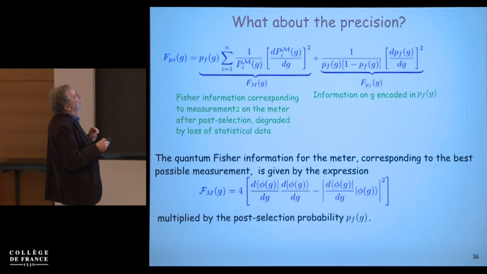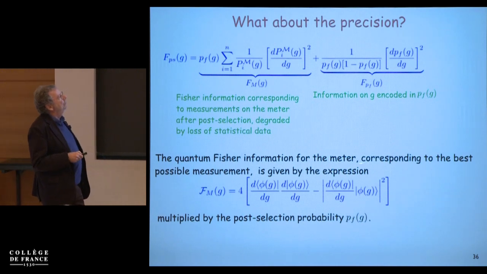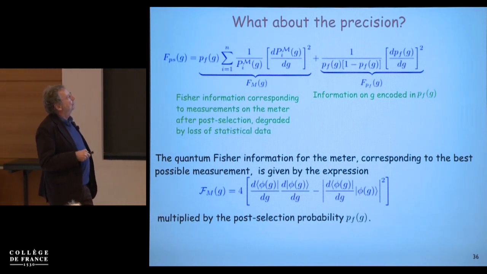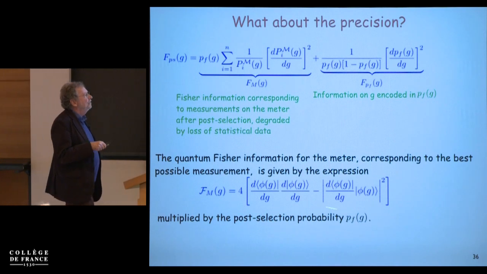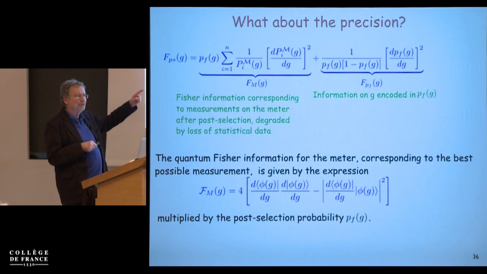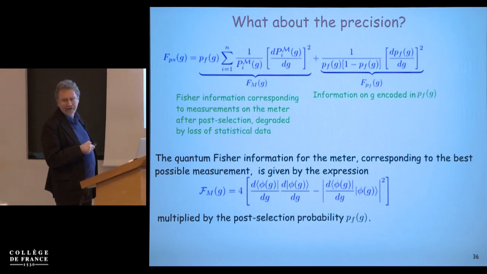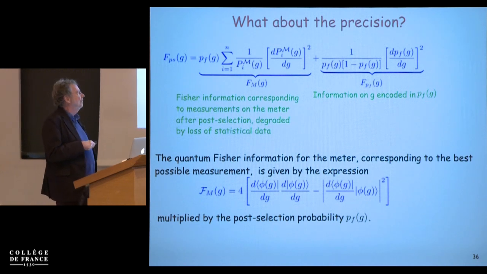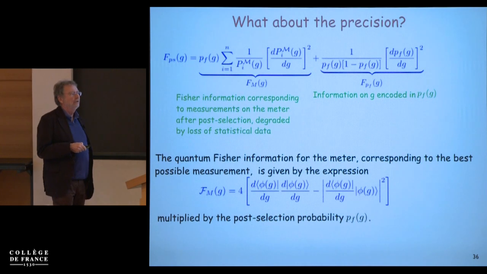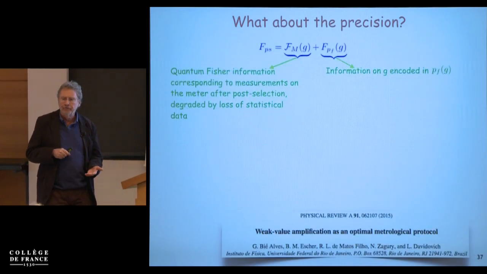Now, on the other hand, we know how to express the quantum Fisher information for the meter, corresponding to the best possible measurement, by using this expression which I announced in a previous slide. I told you that was an expression I was going to use. So we know what is phi of G, and therefore we can calculate the quantum Fisher information associated to phi of G. And what we have done, in fact, in this work, is to calculate these things using perturbation theory, okay?